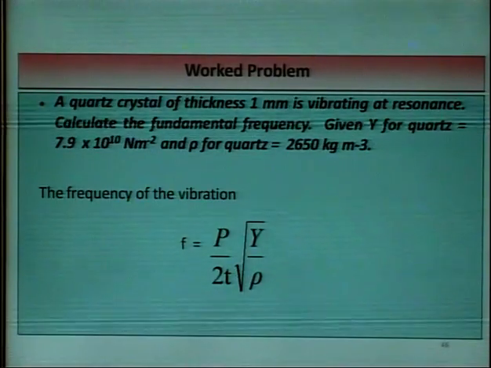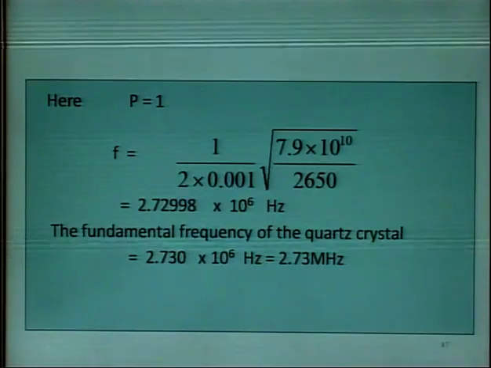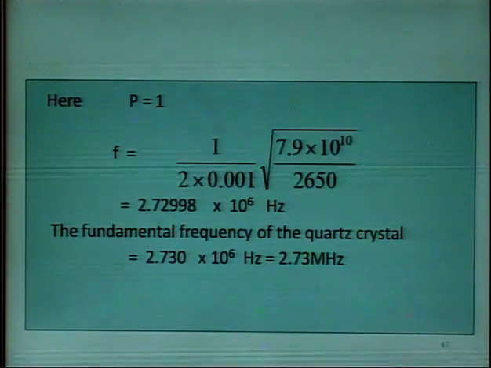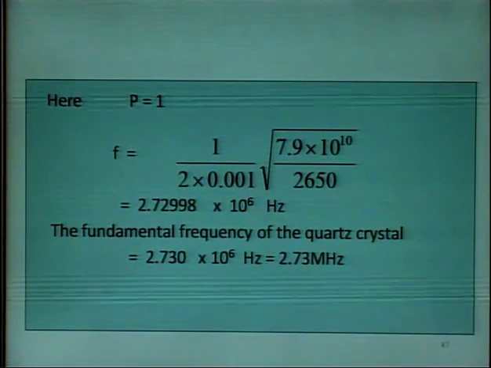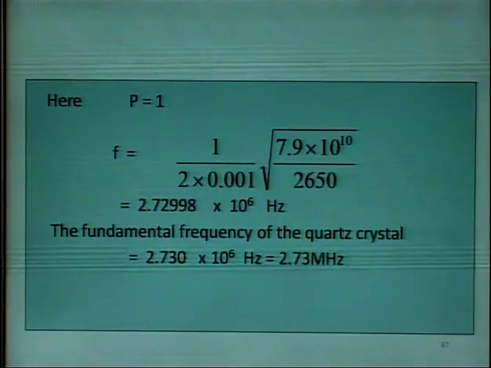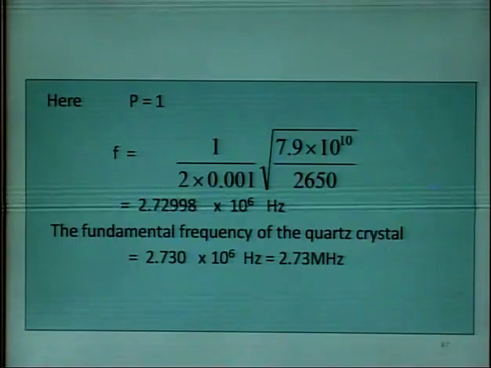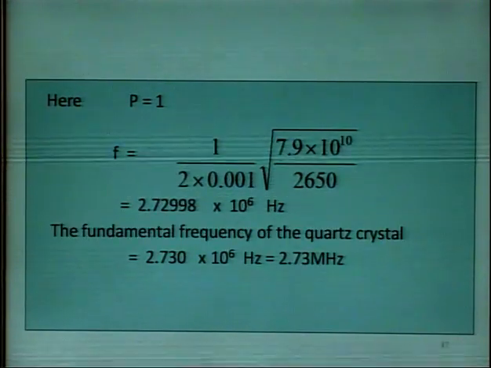So, f is equal to P upon 2t times the square root of Y upon rho. P is 1, t is 1 mm, which means 0.001 meter, Y is 7.9 into 10 raised to power 10 and rho is 2650. After calculation we find the frequency is 2.73 megahertz.